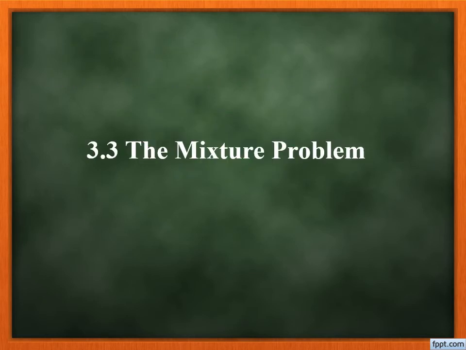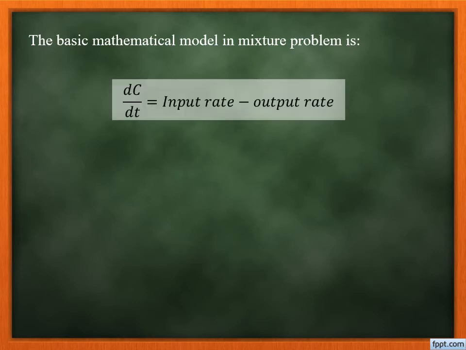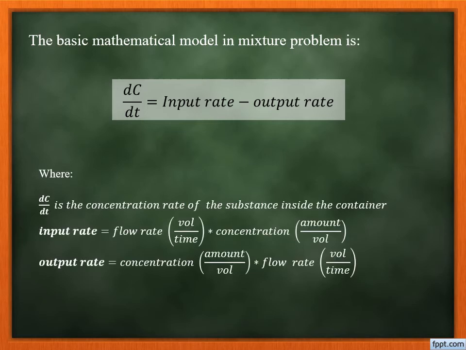The last application involves the mixture problem. The basic mathematical model for the mixture problem is that the rate of change of the concentration of a substance inside a container is equal to the input rate minus the output rate. The derivative of C with respect to time is the concentration rate of the substance inside the container.